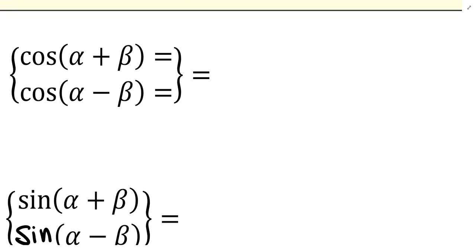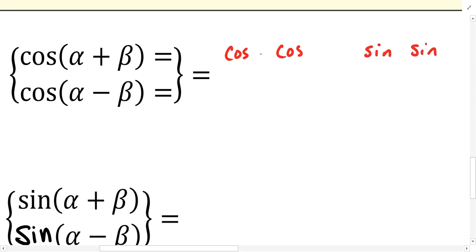But as far as our sum identity for cosine, you don't have to copy this down this way because I'm going to erase it in just a second. I always remember cosines as cosine, cosine, sine, sine, and we use alpha, beta, alpha, beta.